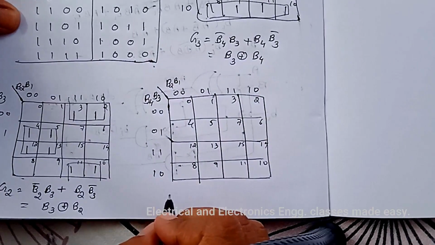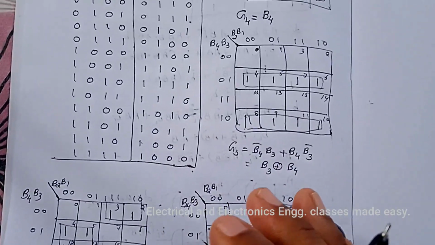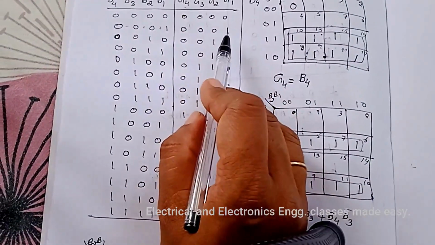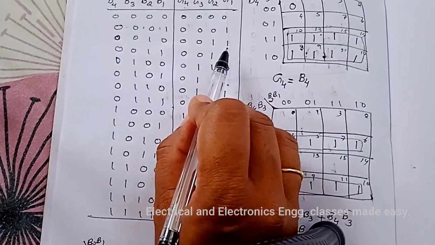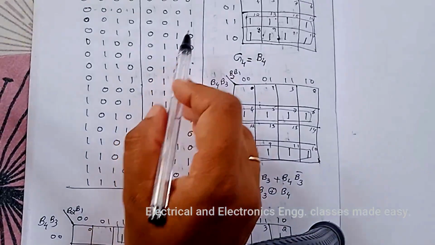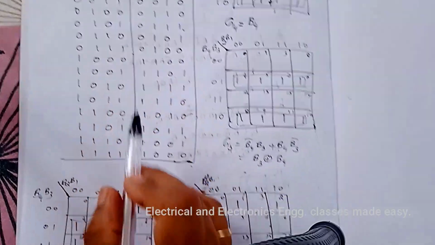Next we have to realize G1. So here 1, 2 are 1. So here 1, 2, next 5 and 6.